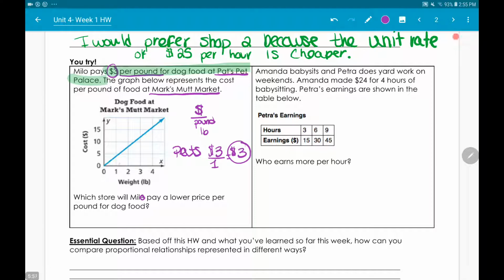All right, and then what we do to figure out from Mark's, which is on the graph, we pick a coordinate. So I'm going to find a coordinate that is nice and easy on the graph. So it looks like this one. All right, so that would be 5 and 20. And remember, our cost is going to go first, so that's our y, divided by 5, which is our weight.